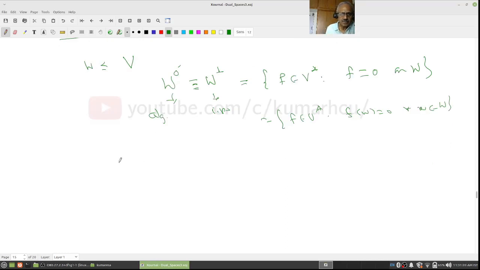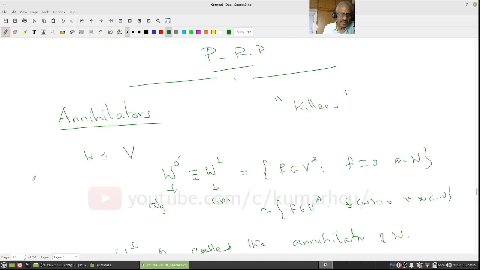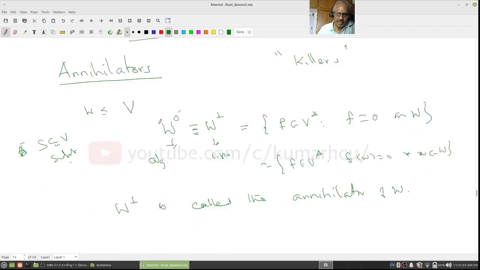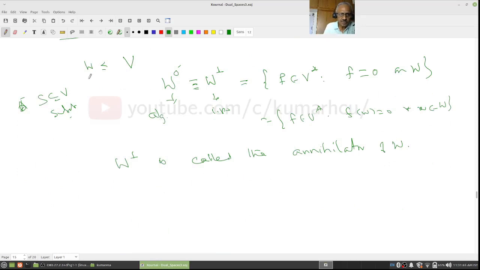Then this W perp is called the annihilator of W. One can actually define it for any subset S of V, just a subset, but I am just sticking to only vector subspaces.